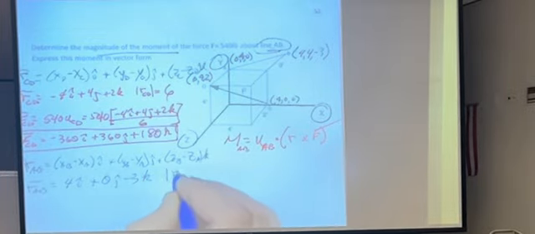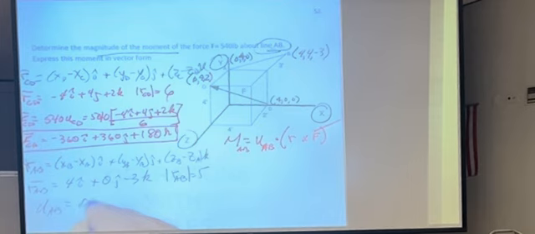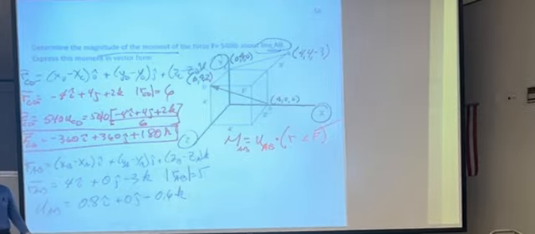Well, this magnitude is easy. That's just 5. Unit vector AB is going to be 0.8I plus 0J minus 0.6K. 4 over 5 is 0.8, 3 over 5 is 0.6, it's a 3, 4, 5. Easy. Yeah?